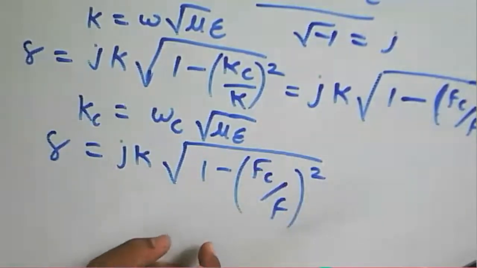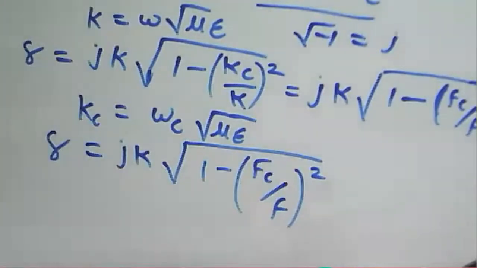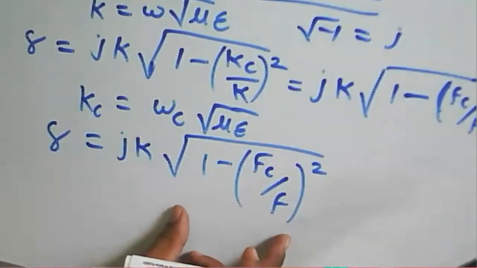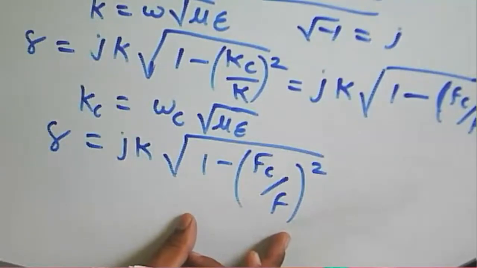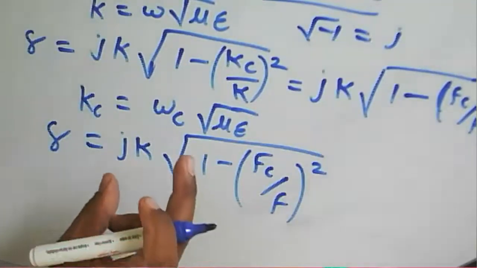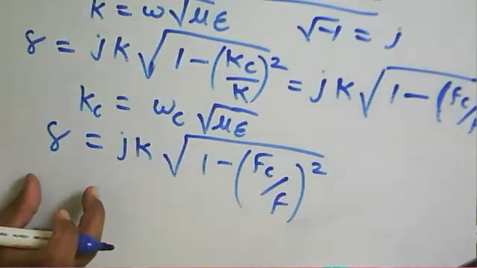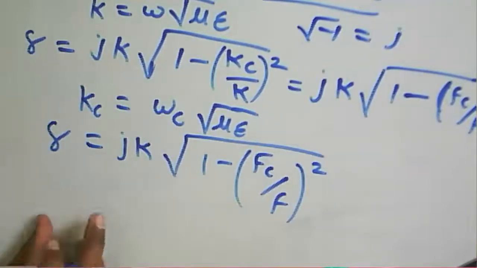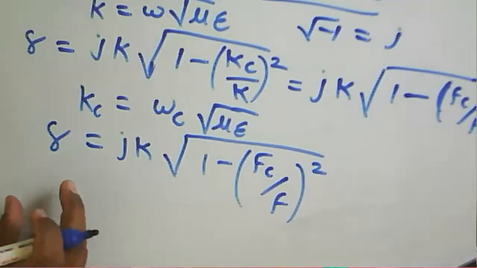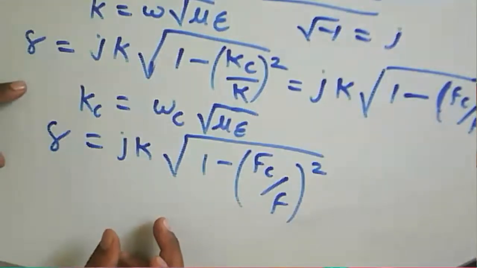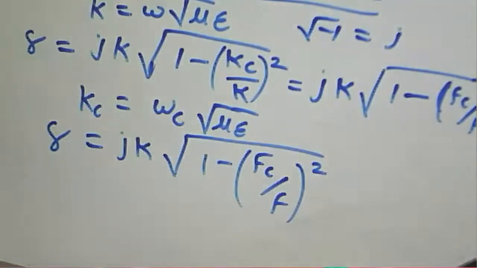Now what do you mean by this fc? fc is nothing but the cutoff frequency, and f is the signal frequency that is propagating through the waveguide. Now from this expression of the propagation constant, we can obtain three cases for the wave propagating in the space there.